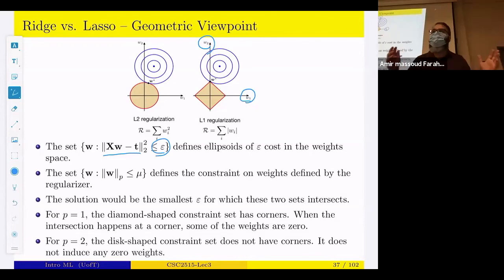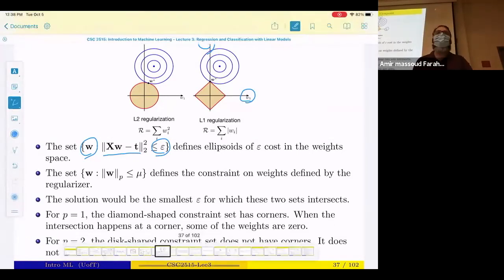We want the fit to have error smaller than some epsilon, and epsilon is just a number. It's not necessarily a very small value. It might be 5, for example. The set of all these weights defines a set. How does that set look like?